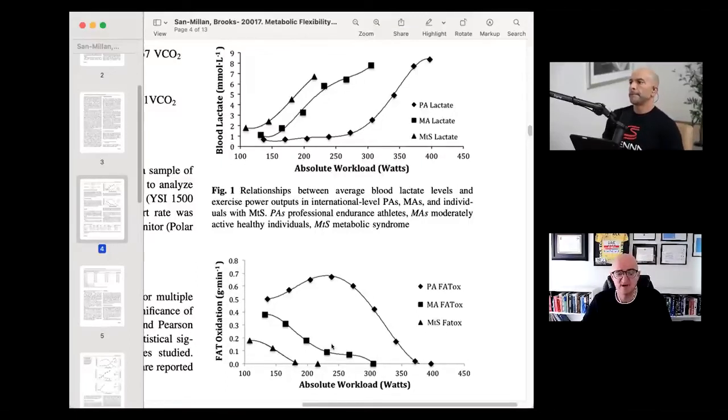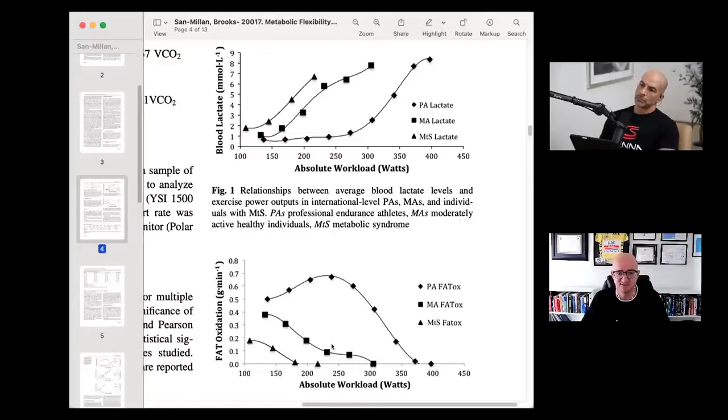And this is what I've been learning all these years, is that the blood lactate levels might change between different groups. And it's everything related to the lactate kinetics and lactate oxidation in the mitochondria.